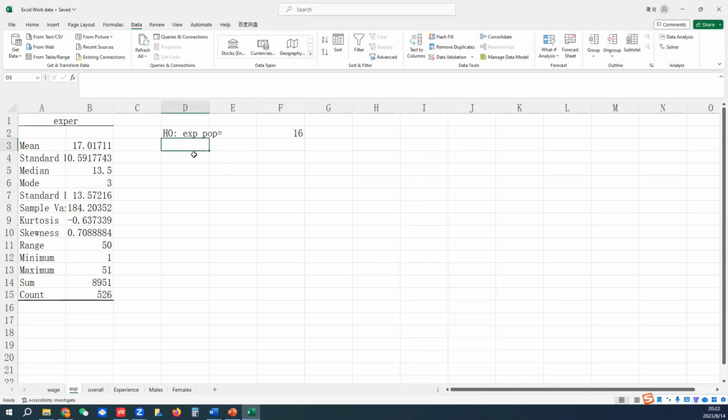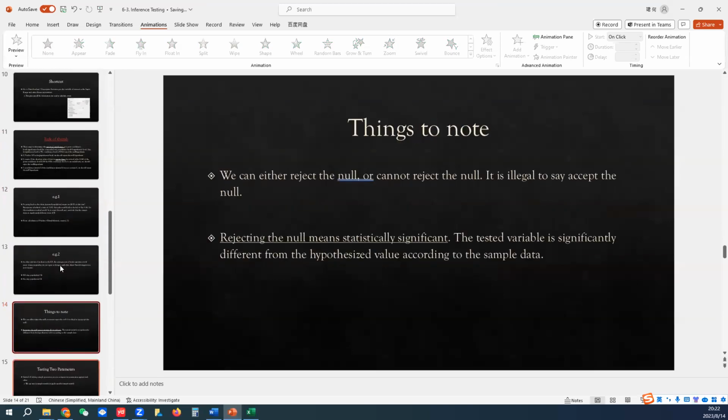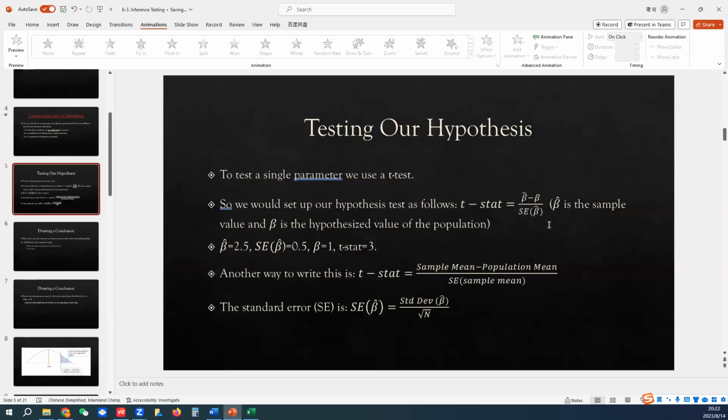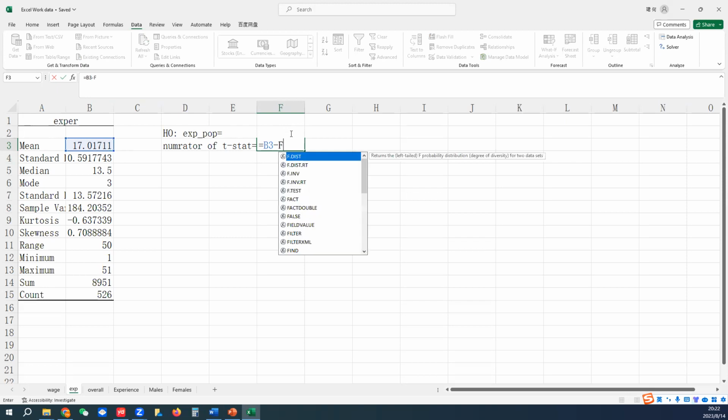The first thing that we do is the numerator of the t-stat, which equals the sample minus the hypothesis value. So what is the sample? The sample is here. So that's the sample minus the hypothesis value, which is F2.